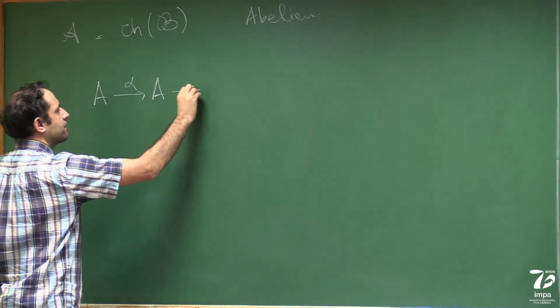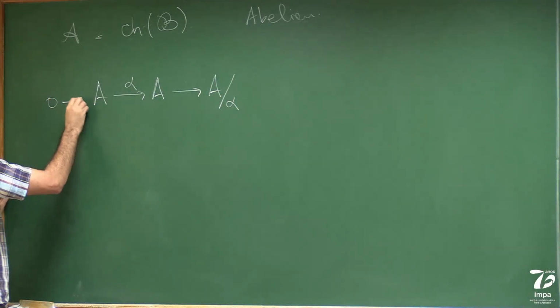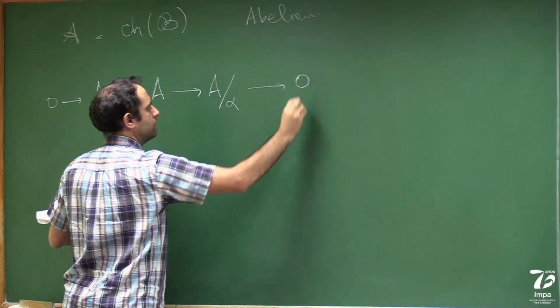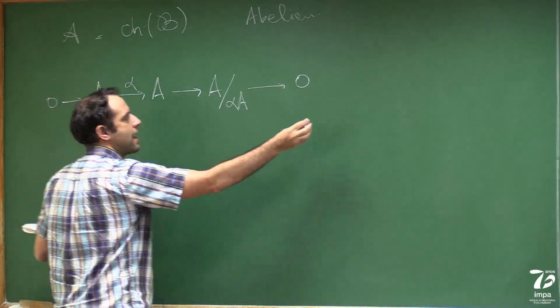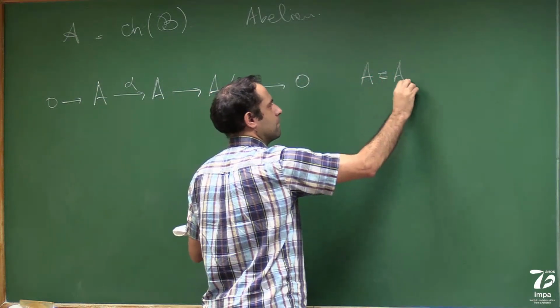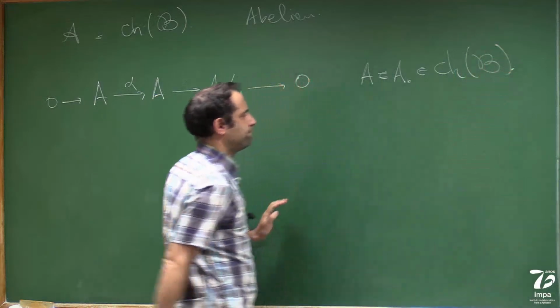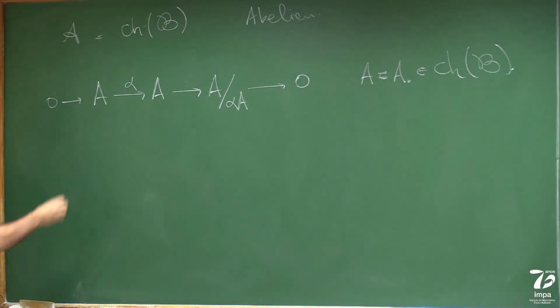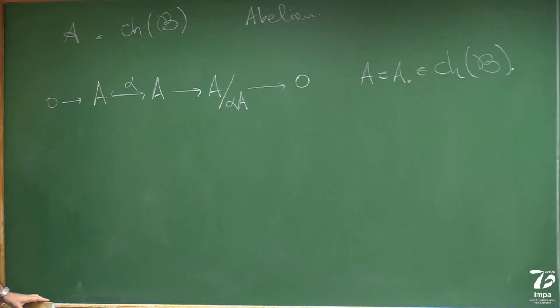This is all we'll need. And A is a complex. So this is an injective map. I have the quotient. I'm in an abelian category of complexes.